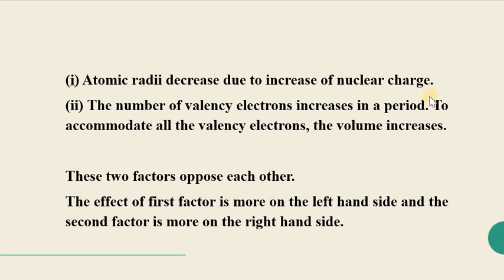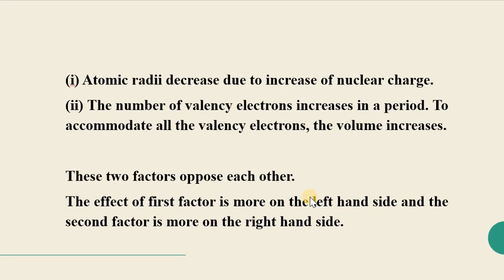Both phenomena happen in a period. Nuclear charge also increases and the valence electrons also increase. When nuclear charge increases, it favors a decrease in size. When valence electrons increase, it favors an increase in size. So what happens? These two factors oppose each other. The effect of the first factor, the increase in nuclear charge, is more on the left hand side, which facilitates the decrease in size.